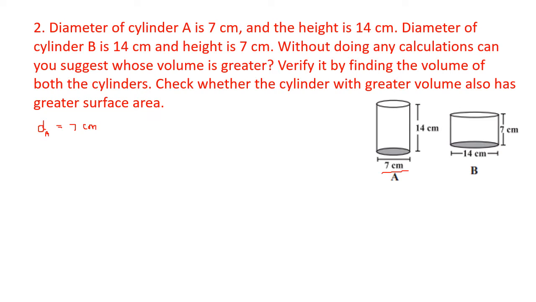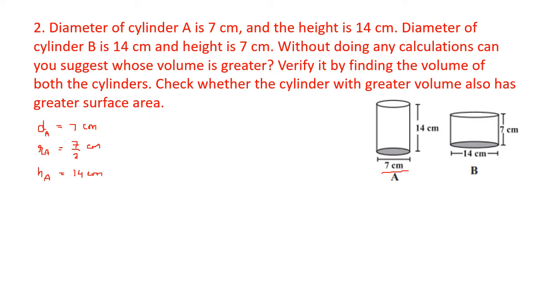So the radius of cylinder A, RA let me call it, will be 7 by 2 because the radius is half of the diameter. And the height of the cylinder A is given as 14 centimeter.